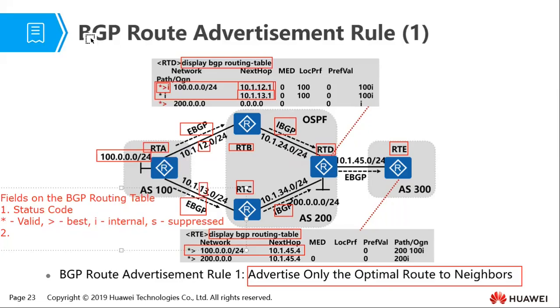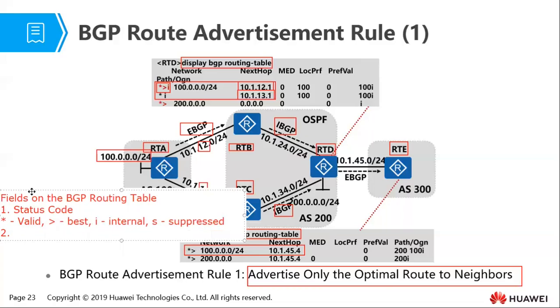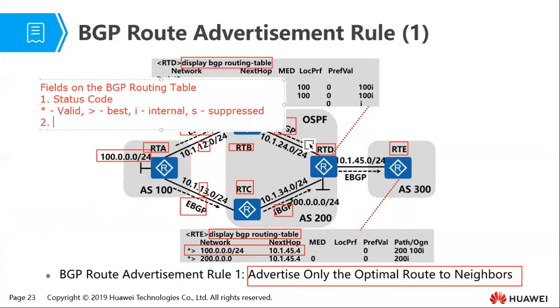Suppressed, we are going to see that in the coming slides. Okay, so let's move on and look at some of the other fields. So the other fields include what you call the origin. So you can see here we have OGN. That is what we call the origin.